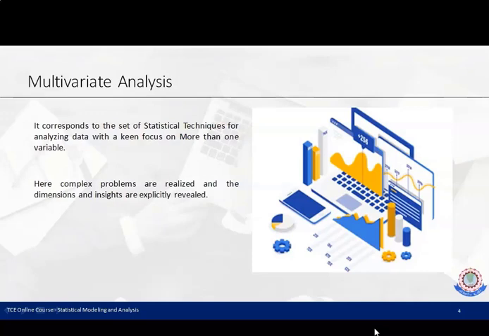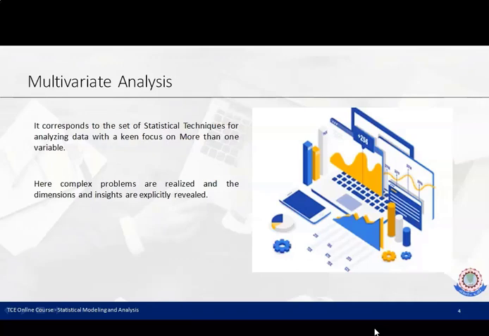Similarly, in multivariate analysis, here we are focusing on more than one variable for doing analysis for pattern evaluation and relationship determination. So here multivariate analysis involves a variety of statistical methods focusing on exploring the patterns that relate with different sorts of variables.